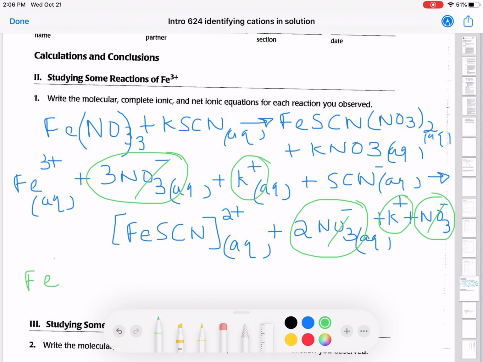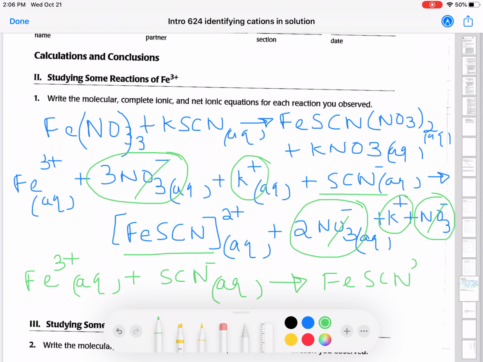That is going to be your net ionic equation: Fe3 plus aqueous plus SCN minus aqueous, giving you this complex, FeSCN2 plus aqueous. That is the red complex. So that is going to be the net ionic equation.